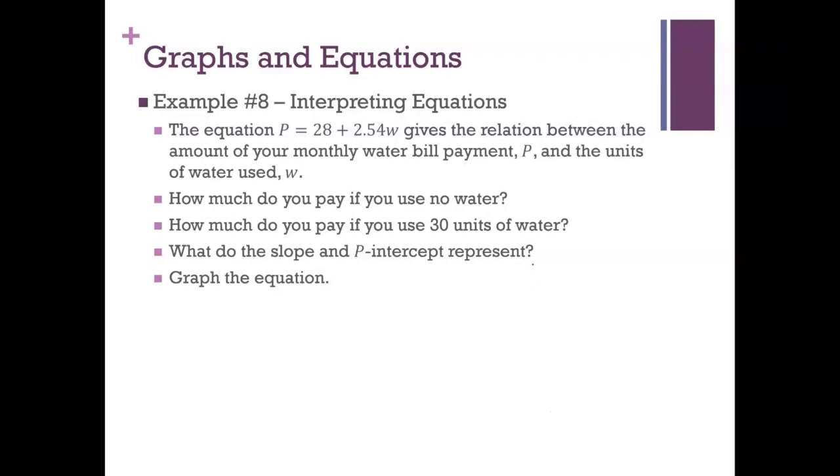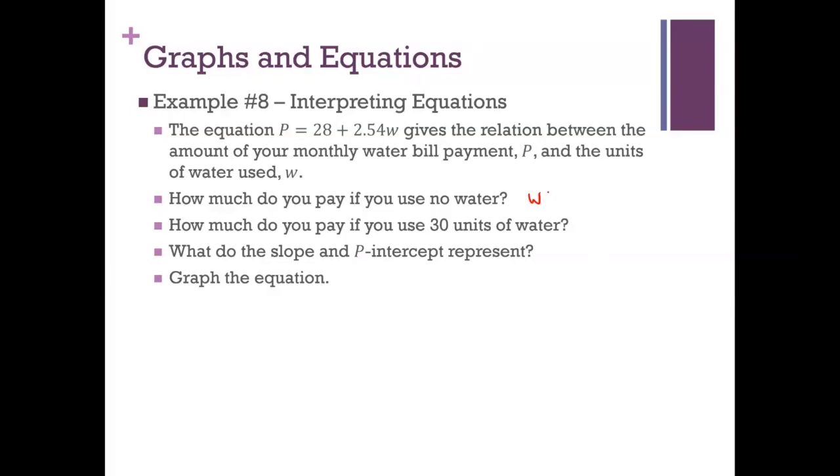So when I ask you this question, how much do I pay if I use no water, basically I'm implying the value of one of those variables. I'm either giving you W or P, and we can find the other one. So how much do you pay if you use no water? What value am I giving you in that case? I'm giving you W, right?